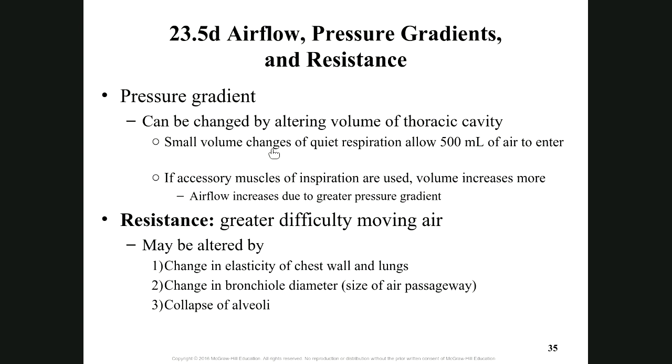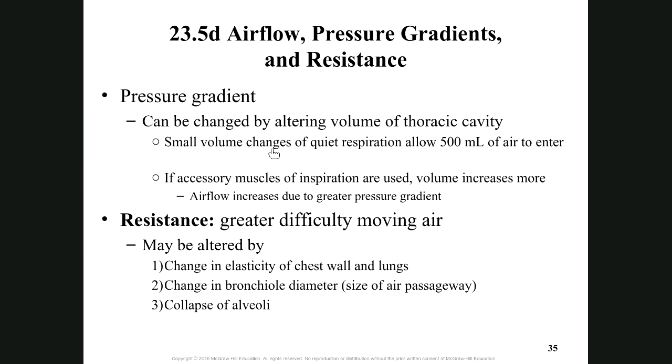So it can affect the airflow, and the resistance becomes greater when we have a problem with moving our air. And it can be changed by the change in the elasticity of the chest wall and lung. When the elasticity of our chest wall and lung decreases, the resistance increases, and after that the amount of air which can come inside goes down.